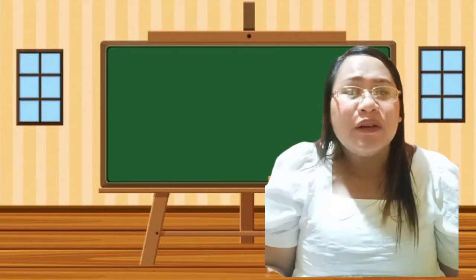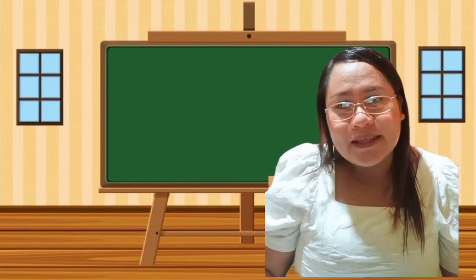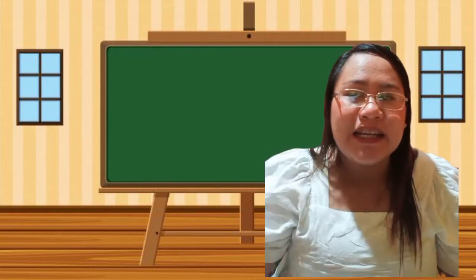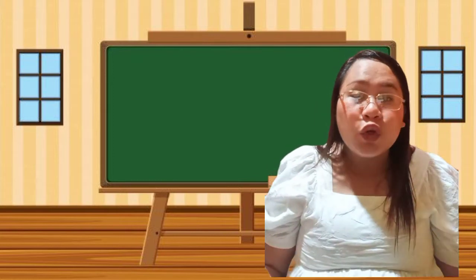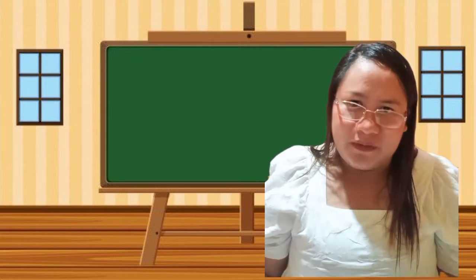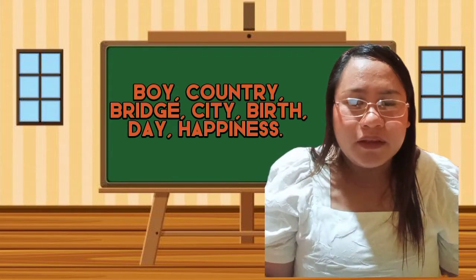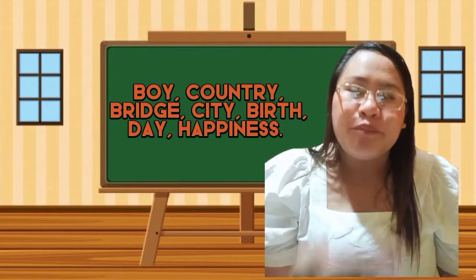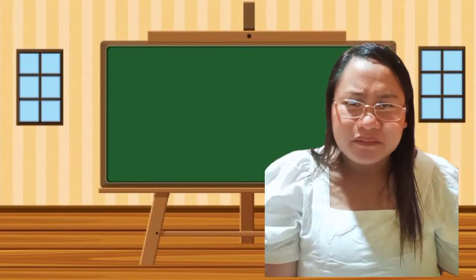Common nouns can be concrete, perceptible to the senses, abstract, involving general ideas or qualities, or collective, referring to a group or collection. For example, boy, country, bridge, city, birth, day, and happiness.